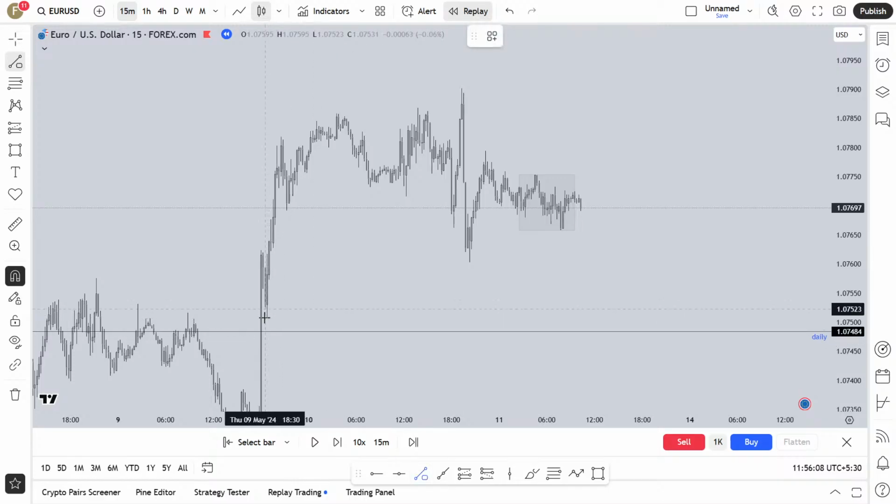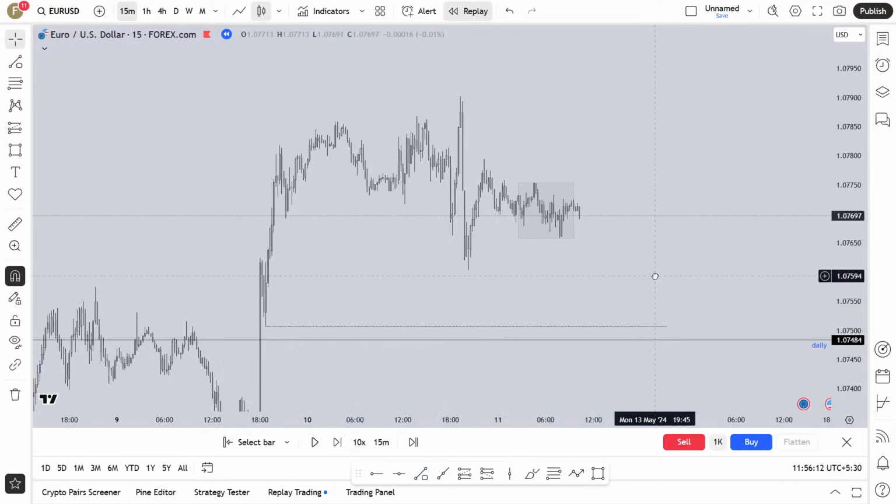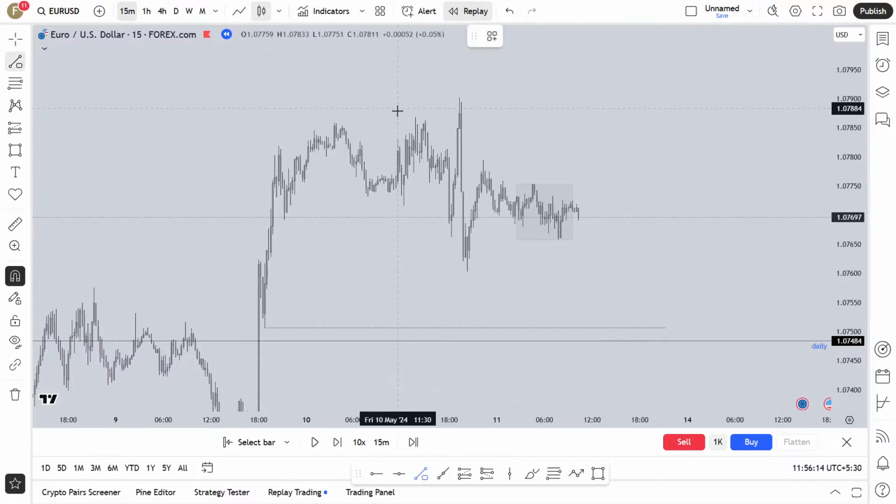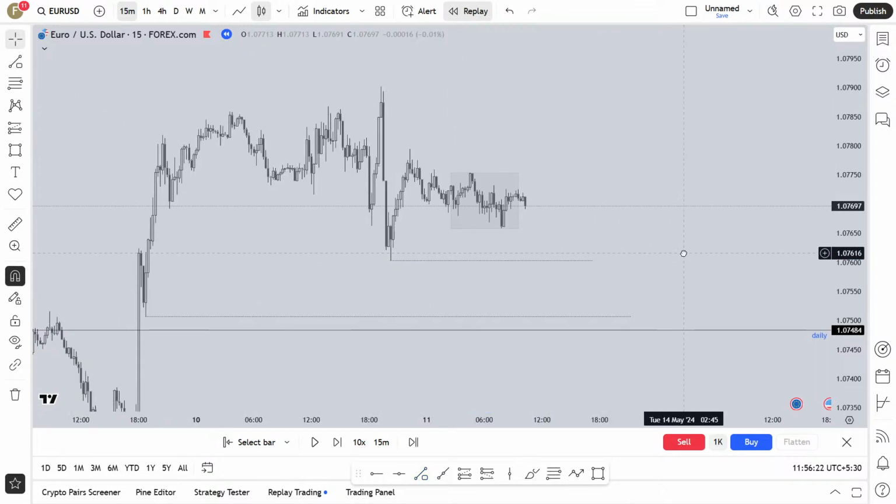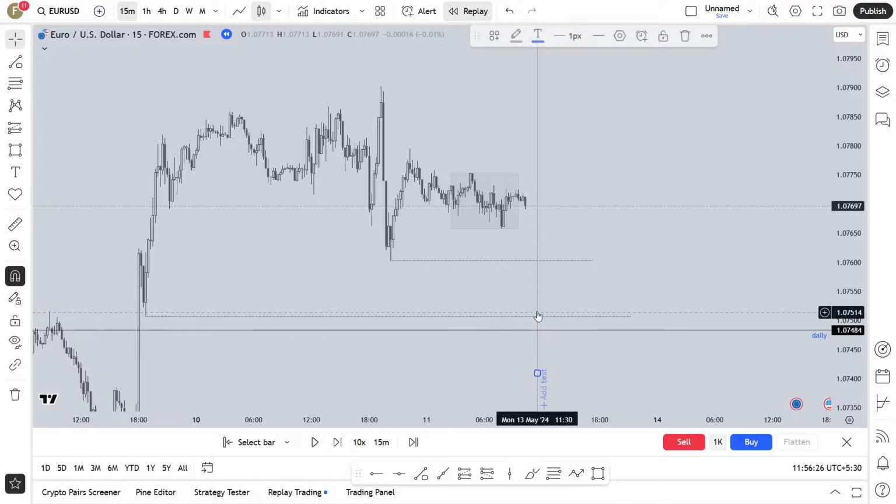We can see here is the liquidity, and here market swept liquidity and broke down. So this point is also liquidity. Let's see what we can do. If it gives us a position, we are going to take it.